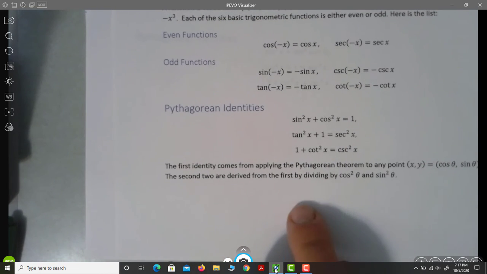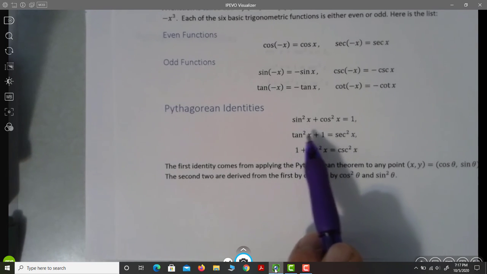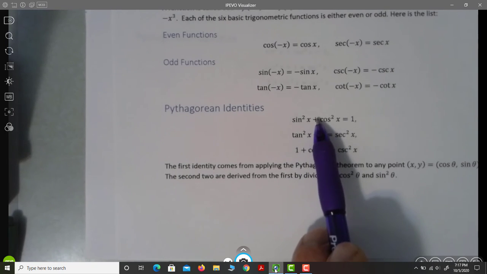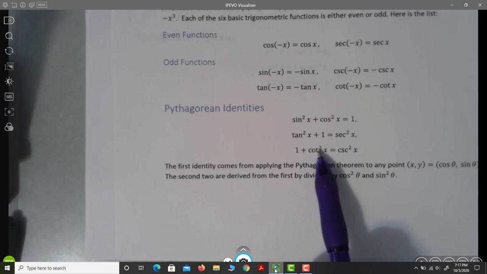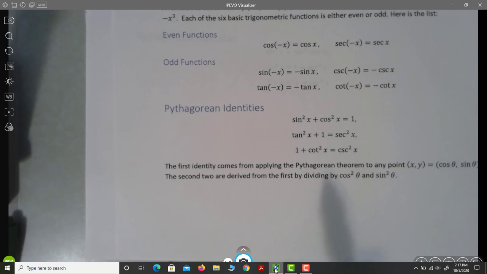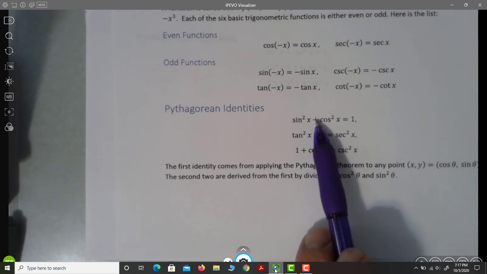Now, what I do personally is I have this one memorized. And I'm, of course, generally familiar with these, but I know the trick to get from here to here is to divide through either by sine squared or cosine squared, and so I can do it so quickly that in many cases you won't even know that I'm working from this to this in order to generate that identity.